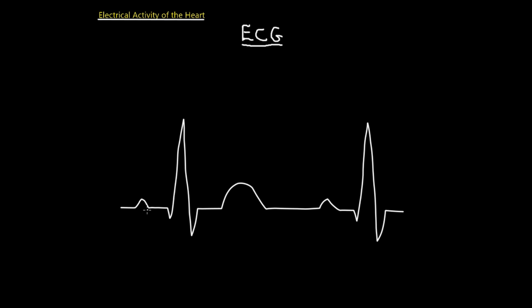So this right here, this little one, this first one is called a P wave. And the P wave is responsible for atrial depolarization. So atrial depolarization simply means that the electrical activity of the atria is now going to undergo depolarization.